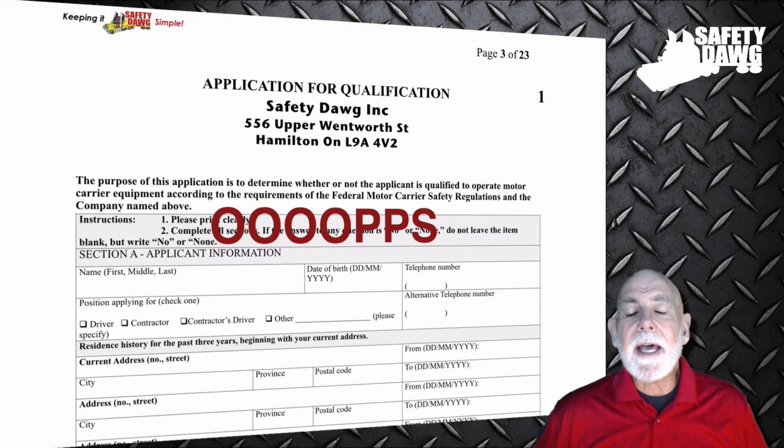However, let's look at the critical defects and how they may affect you should a crash happen, or when one of those government people come in to perform an audit on your company. And of course, your insurance company, they regularly come in and review your driver file. So what I'm trying to do here is point out some of the critical application form errors that are commonly made and help you get through this part of the audit.